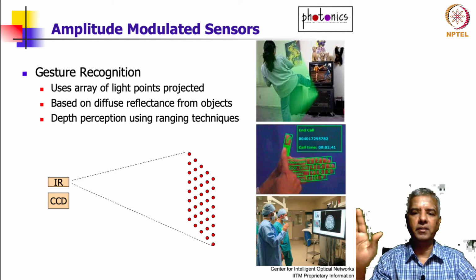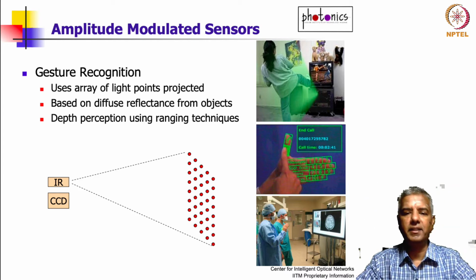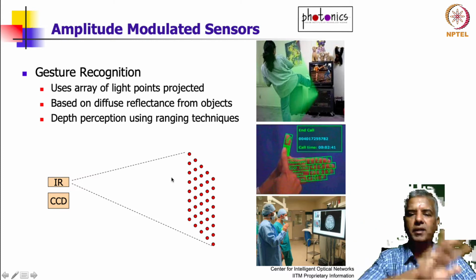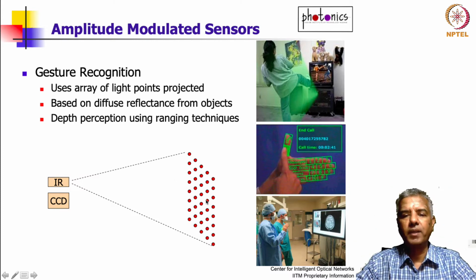And if I can continuously track that movement, then I know that I'm making a gesture from one side to the other side. So that is essentially what is happening, and that's how these people are able to communicate with the machine.